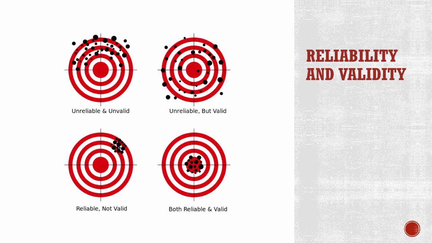Next, we are going to discuss reliability and validity. Reliability and validity are characteristics associated with good measurement. Reliability is about the consistency of a measure. Validity is about the accuracy of a measure.